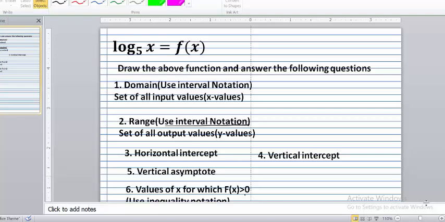So you have your log base 5 of x is equal to f of x. Now this can be converted, meaning f of x, you can just make that your y.